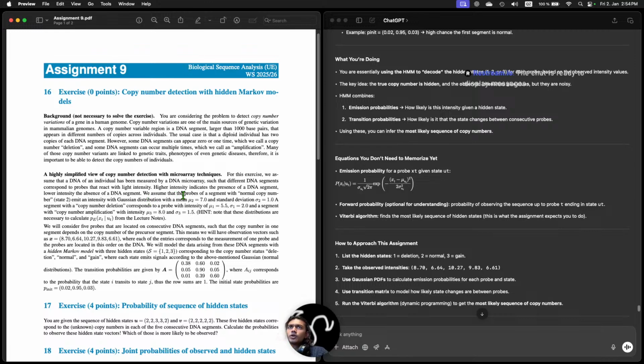We assume the probes of a segment with normal copy numbers emit an intensity with Gaussian distribution with a mean of 7, standard deviation 1 Angstrom. Deletion corresponds to a probe with intensity nu1 equals 5.5, sigma 1 equals 2.0, segment with copy number amplification with intensities.